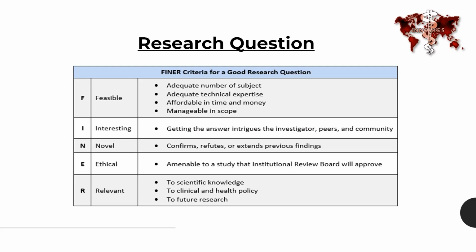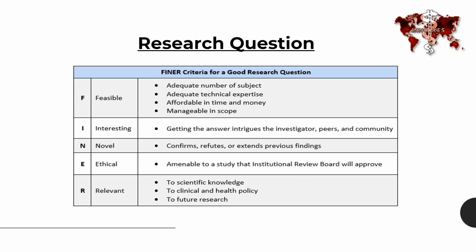So now let's talk about the FINER criteria for a good research question. For FINER, each letter means something. For example, F means feasible, like we have an adequate number of subjects, adequate technical expertise, affordable in time and money, and manageable in scope.